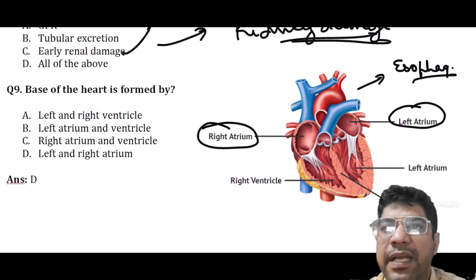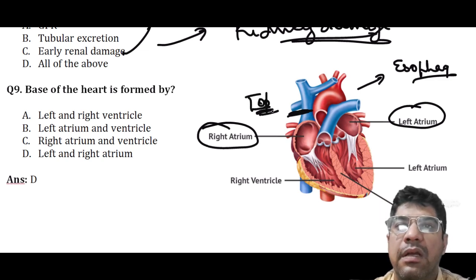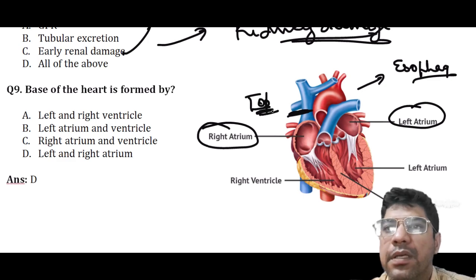The base of the heart is like the roof of the house. It's the top part. Now the roof is mainly made up of the left atrium, which is one of the heart's chambers.